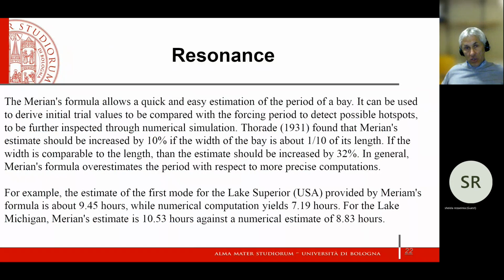In general, these are corrections that were suggested for extreme situations. If the bay is very elongated, very rectangular, then Merian's formula probably leads to an underestimation of about 10%, which is fine, because when we apply empirical formulas, 10% is an order of magnitude of error that is fully tolerable.